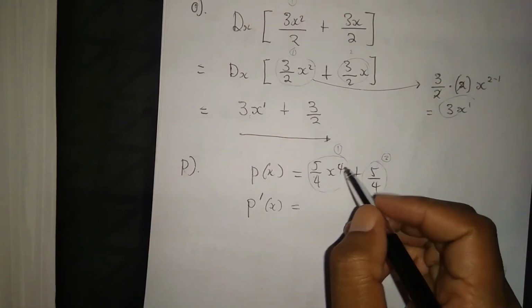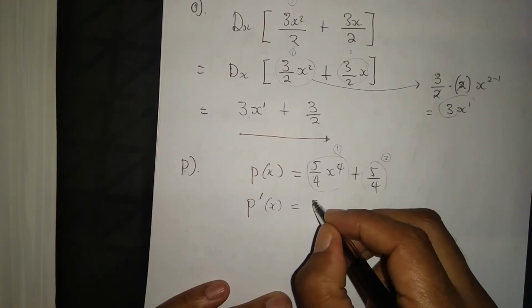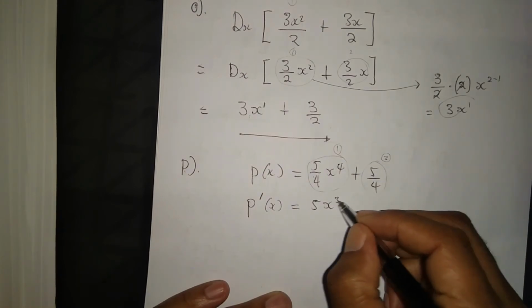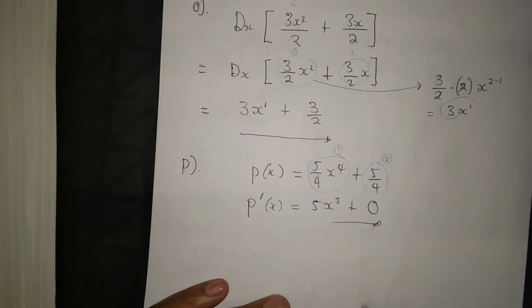So therefore, it's 4 times 5 over 4. Our answer is 5. X exponent 4 subtract 1 is 3. Plus 0. This is our answer.